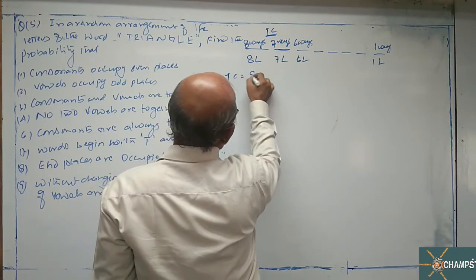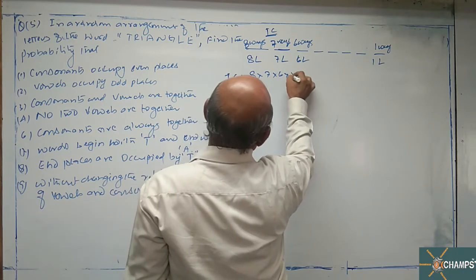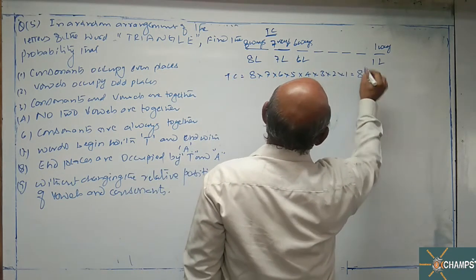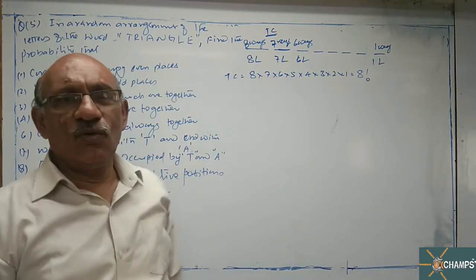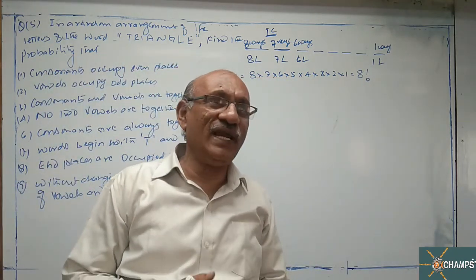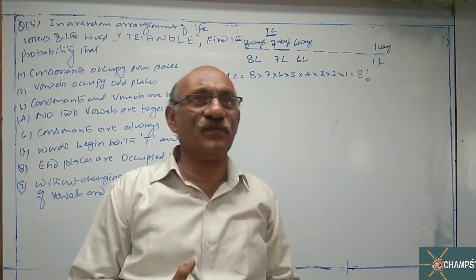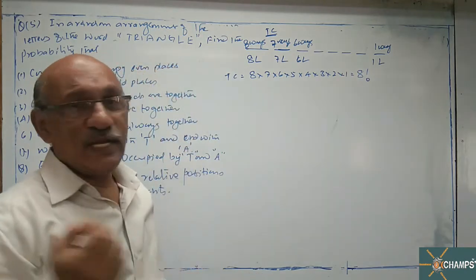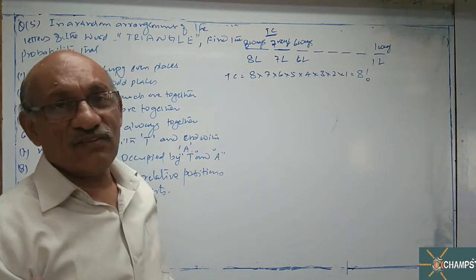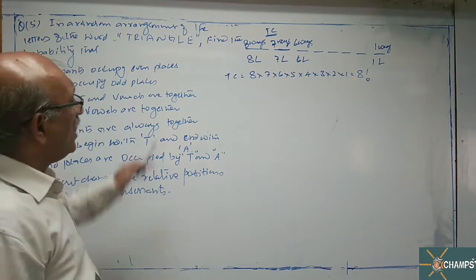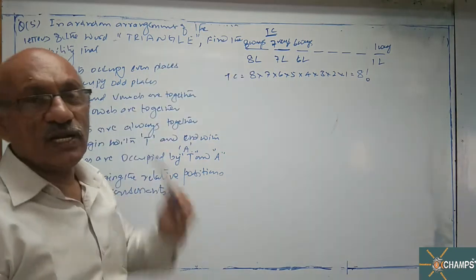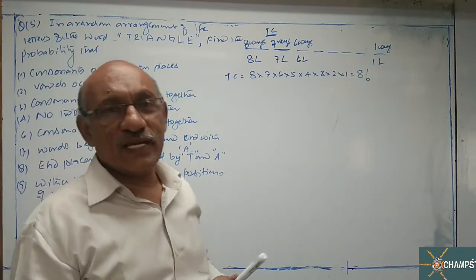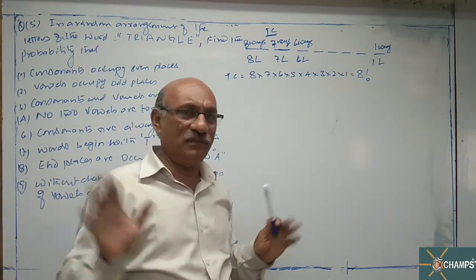So total number of cases 8 into 7 into 6 into 5 into 4 into 3 into 2 into 1, 8 factorial. So 8 places can be filled with 8 letters in 8 factorial ways. As long as this question is going on, my total number of cases are 8 factorial only. There is no need to calculate total number of cases every time.